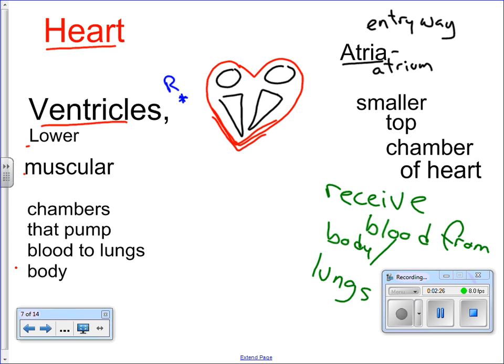It's going to receive from the body. And we're going to go over this on the next diagram too, but just as a simple diagram, from the body, it goes from the right atrium to the right ventricle. There's a valve right there. And then from the right ventricle, where does it go?